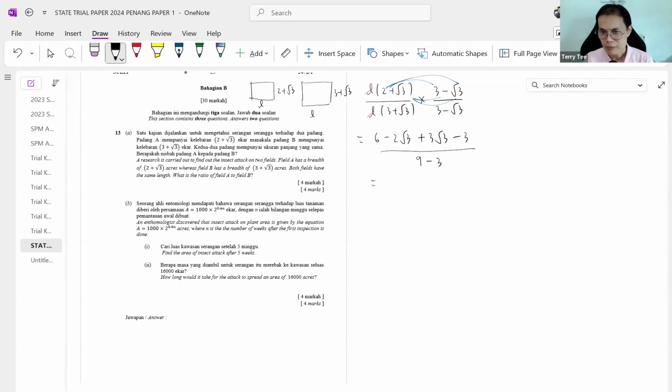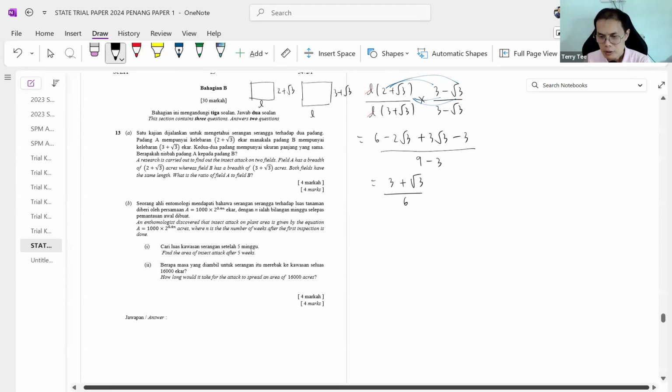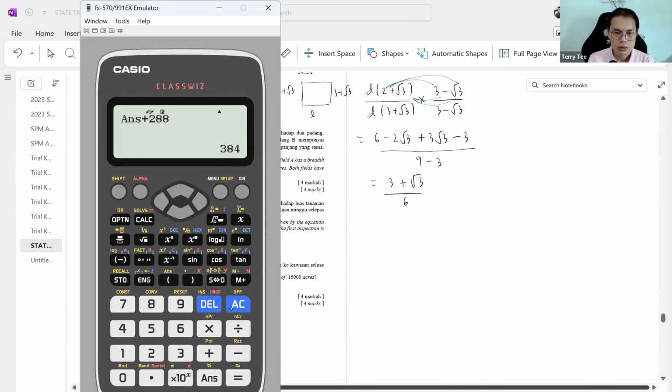Now, we can simplify further. 6, you minus 3, you get 3. Minus 2 surd 3 plus 3 surd 3 is 1 surd 3. Then 9 minus 3 is 6. Can I simplify further? No, can't. And you can use your calculator. Let me show you here. When you take 2 plus surd 3, you divide by 3 plus surd 3, you should get this answer.